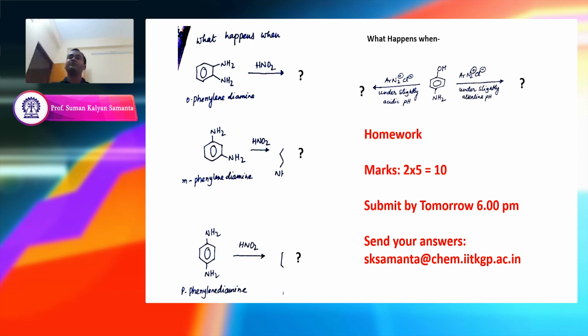It will be 2 into 3, total 6 marks, not 10. You have to submit by tomorrow evening 6 p.m. and you can send it to my email ID. You can just write it down on your paper, take a snapshot, and send it to me. That is also fine, I mean the structures.